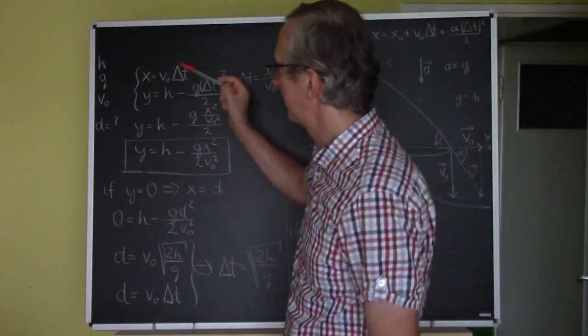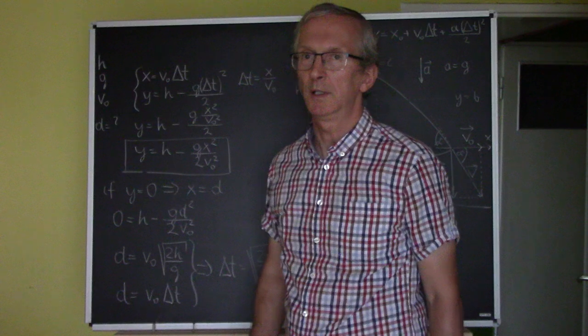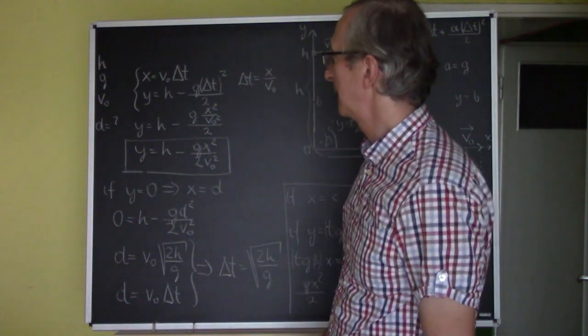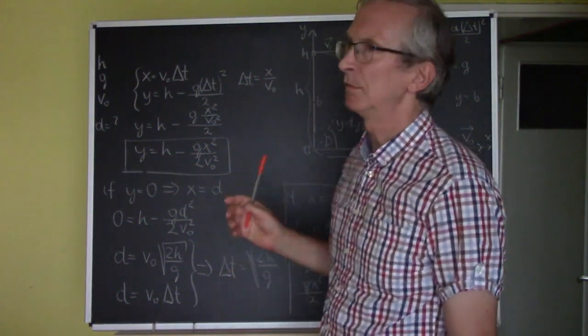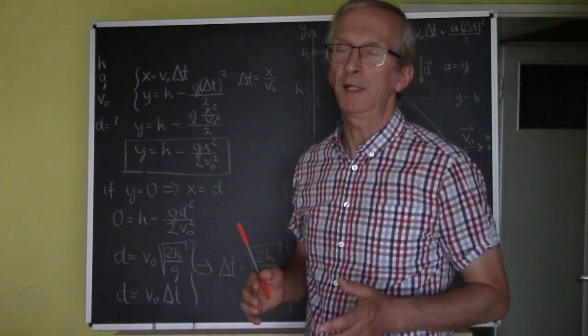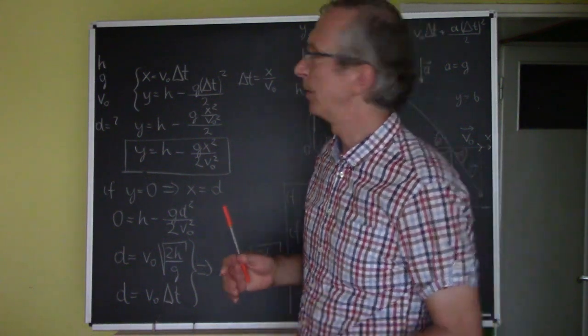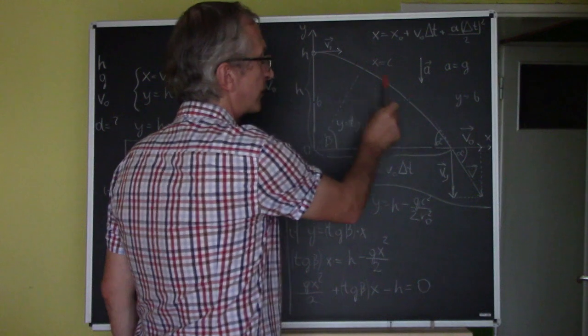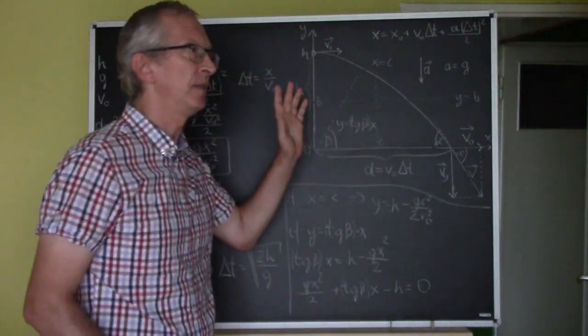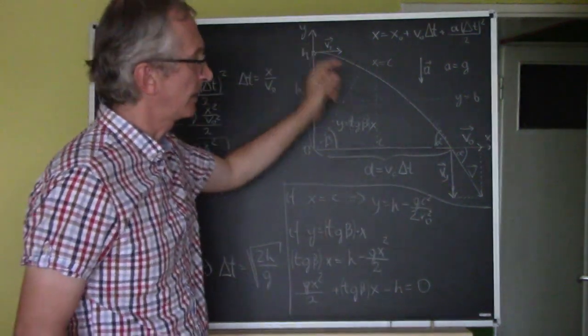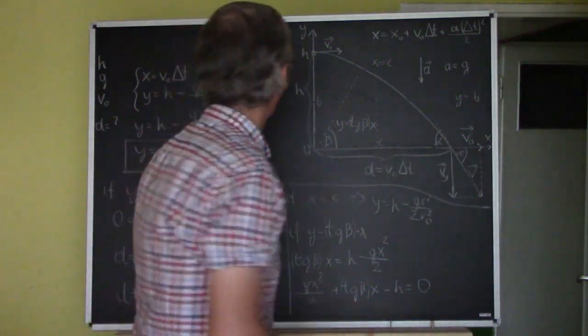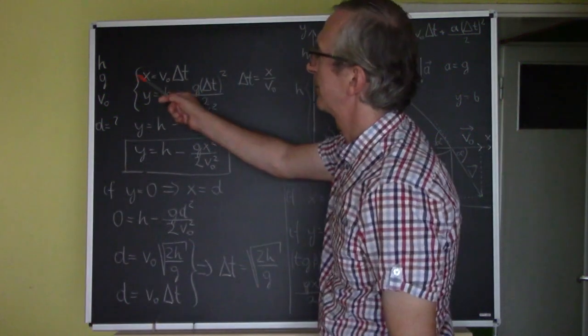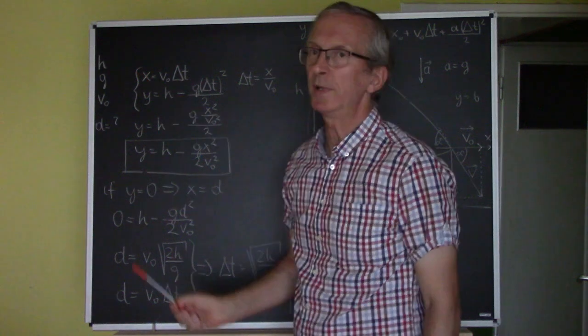So we have these two equations of motion, and we want to find the equation of the path of the flying body in the coordinate system y x. So we have to get rid of delta t from these two equations.